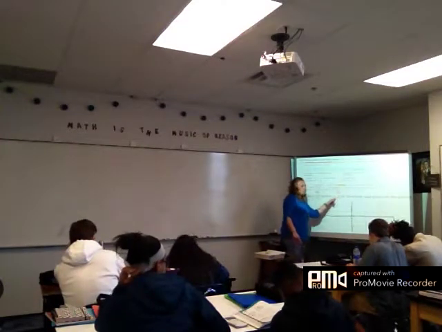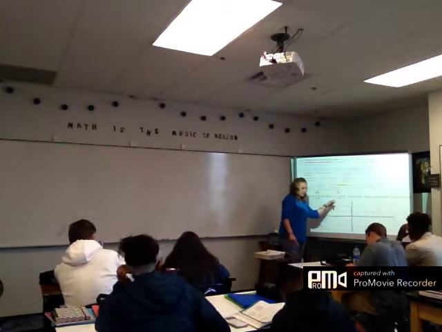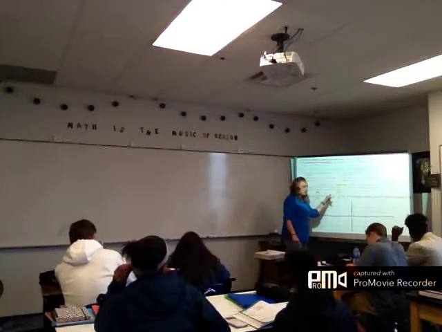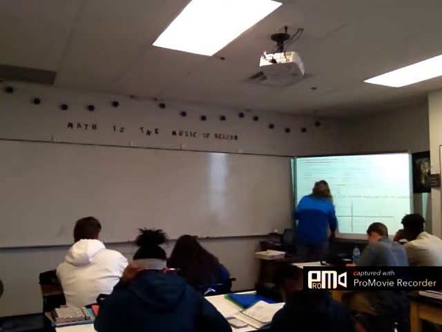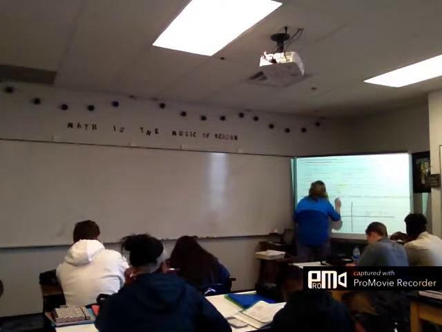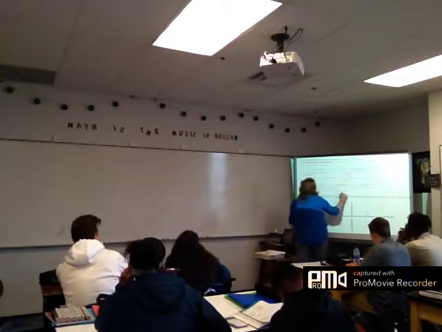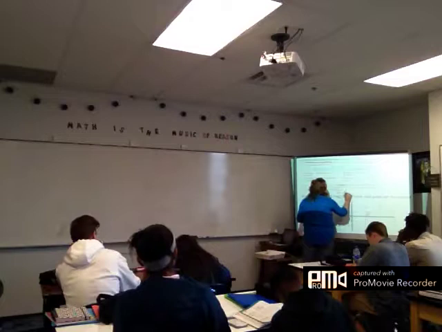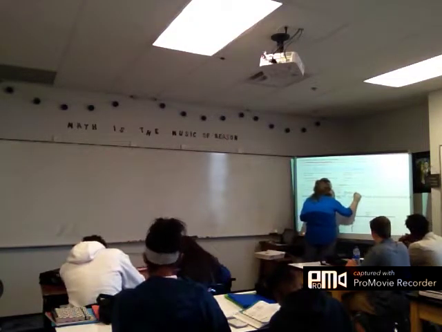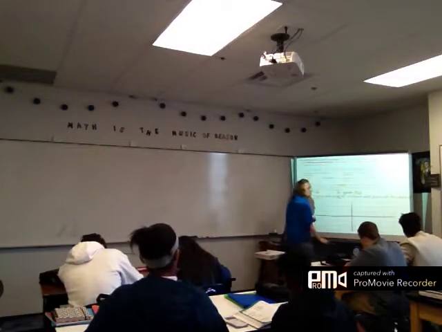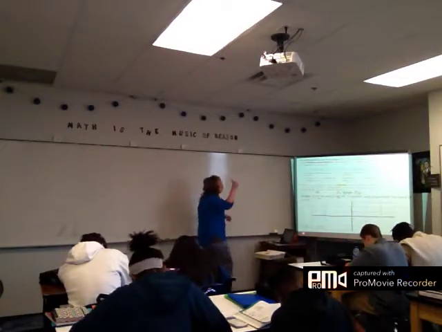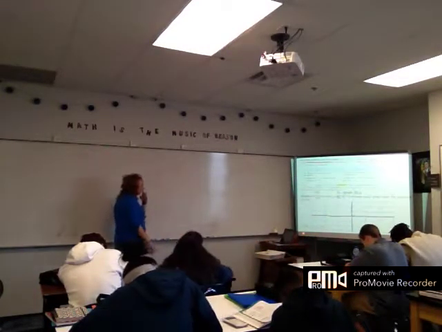If I take the absolute value of -3, what do I get? 3. So is it shrinking or stretching? It's stretching. The negative tells me something else: this graph is going to flip down. That's what Mallory asked about earlier when she said it can be the top or bottom. So it's going to flip down. That's what the negative tells me.